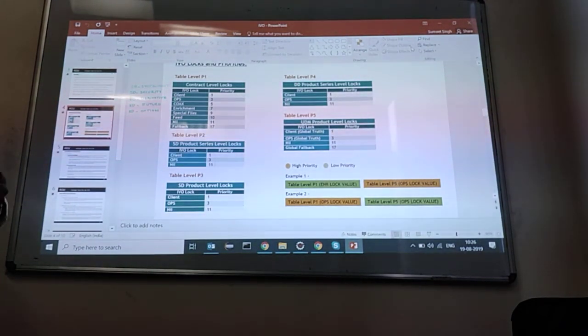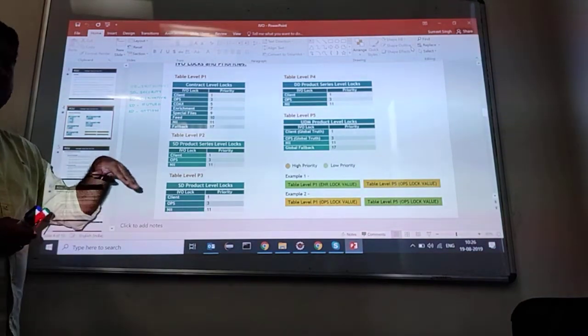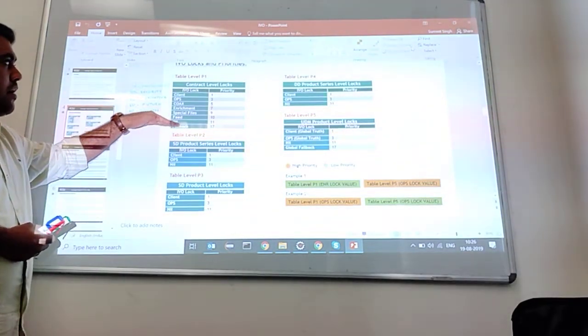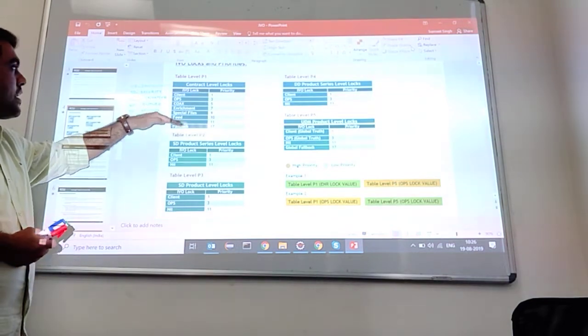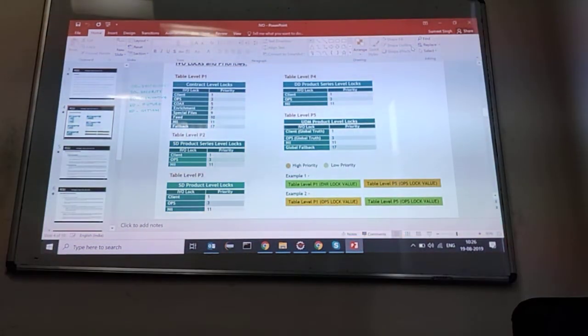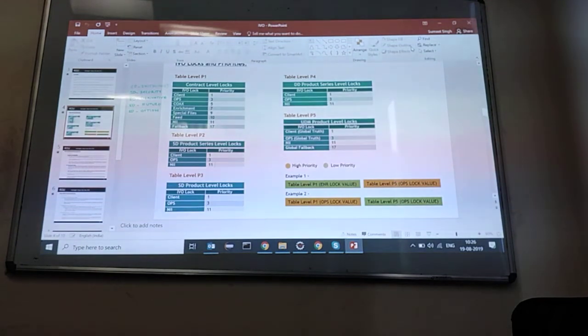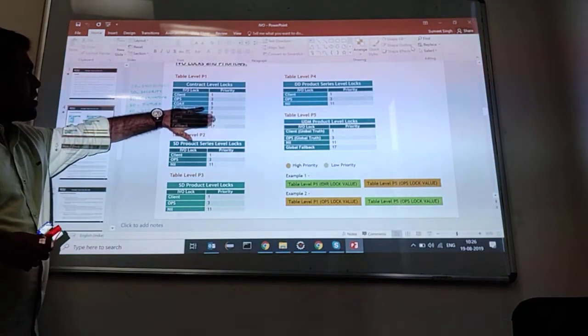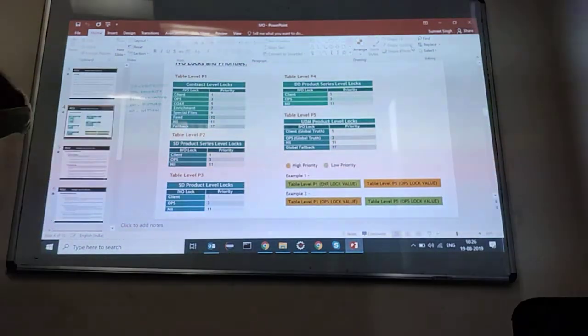But in that case, we always give higher priority to the lock level priority, and the system has to consider one priority at a time. It cannot consider two priorities. So table level priority has to be matched and the highest taken out, but then lock level priority has to be matched again. So the system always considers lock level priorities first and then table level priorities.